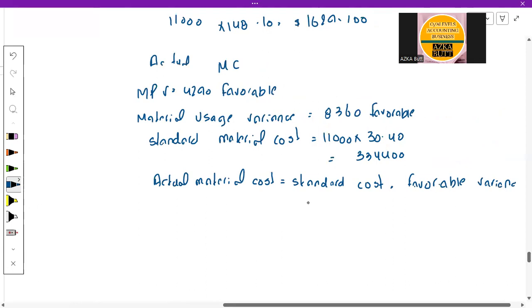So the standard cost was 334,400 minus the favorable variance of 4290, and this is equal to 321,750.